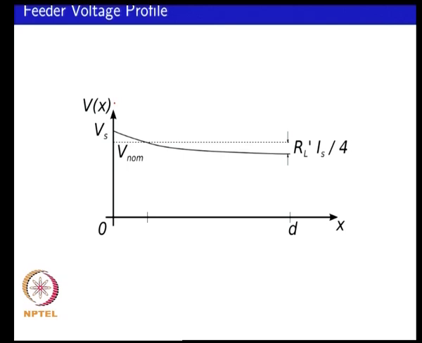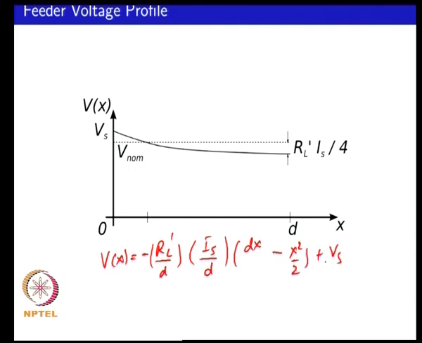So, you get V of x... So, essentially you get a parabolic expression, and if you look at Is by d, this is essentially the loading per unit distance of the line.